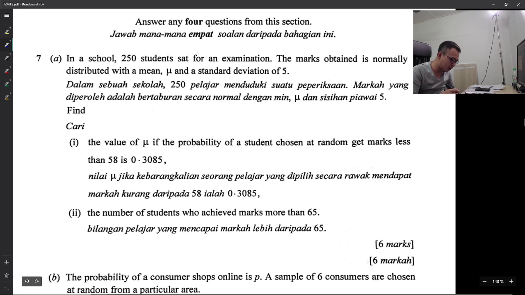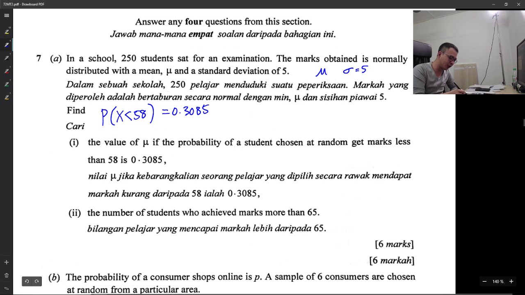Okay, in a school 250 students sat for the examination, the marks obtained are normally distributed with mean and standard deviation. So we have the mean, which is unknown. Standard deviation we know is 5. The probability of a student getting marks less than 58 is 0.3085.